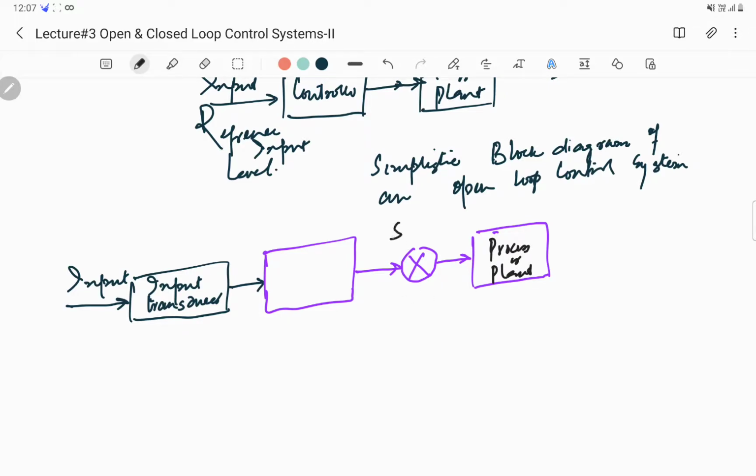This is basically a summing junction here, and we have a controller there. Then after this we'll be again having a summing junction.